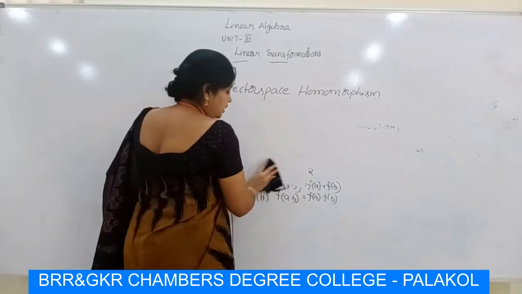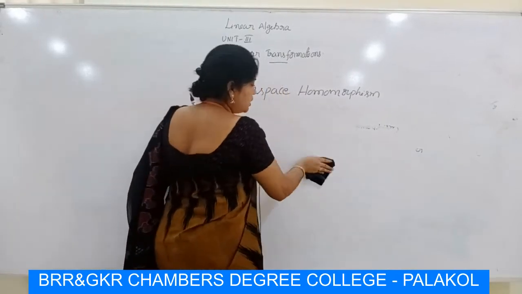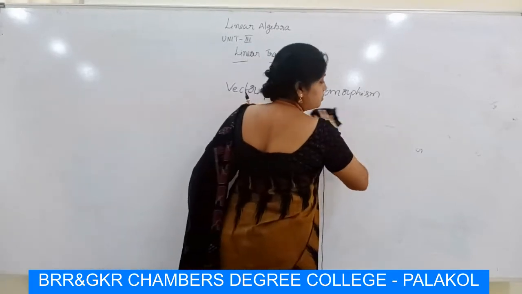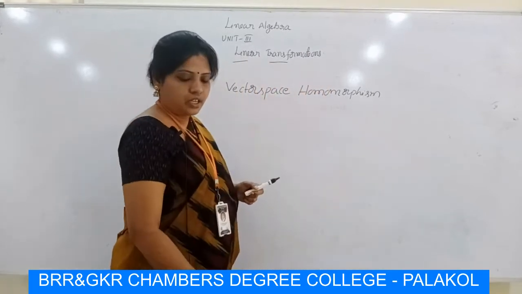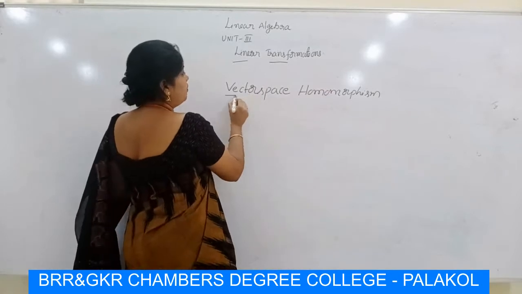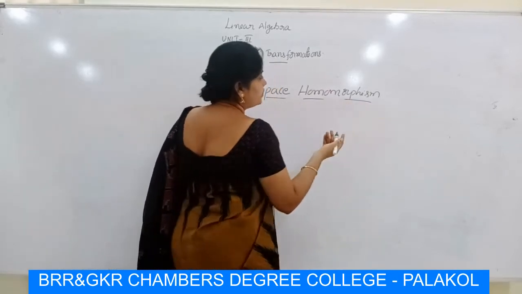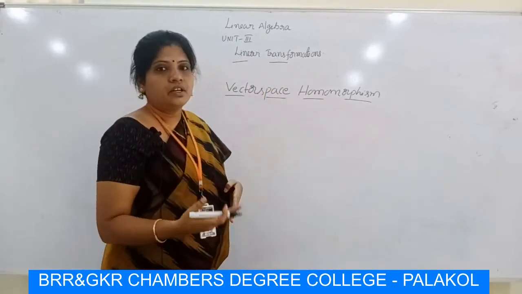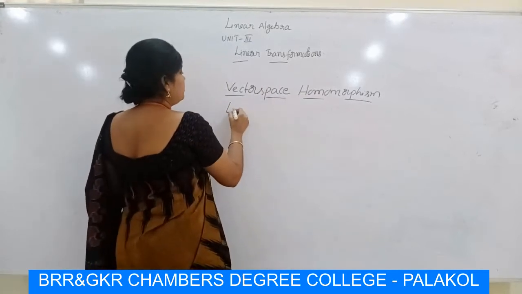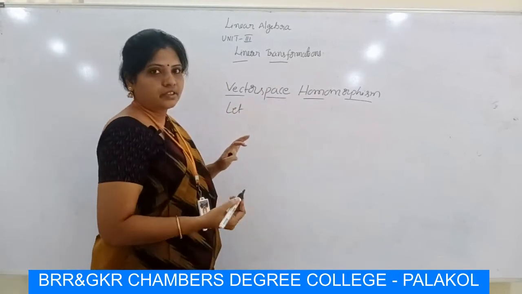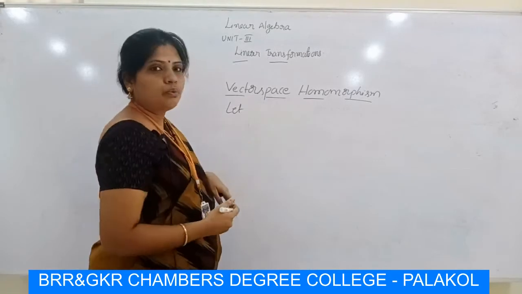In group theory, it is in between groups. In ring theory, ring homomorphism is in between rings. Now the vector space homomorphism is in between vector spaces.